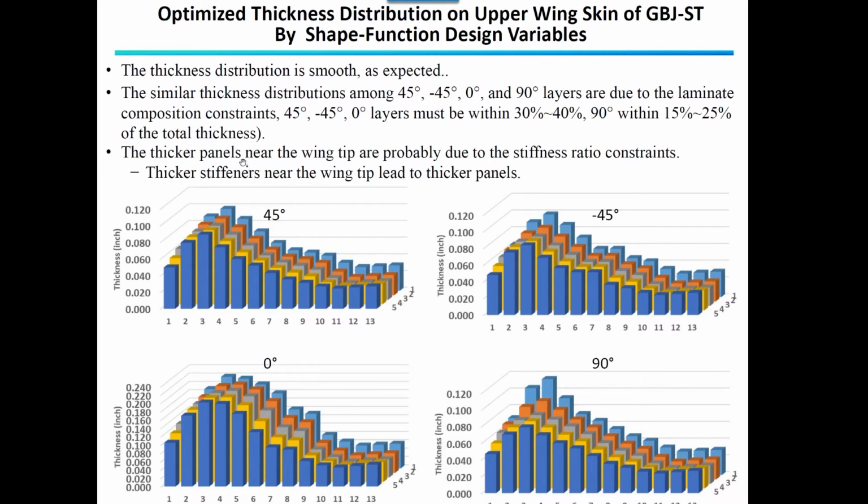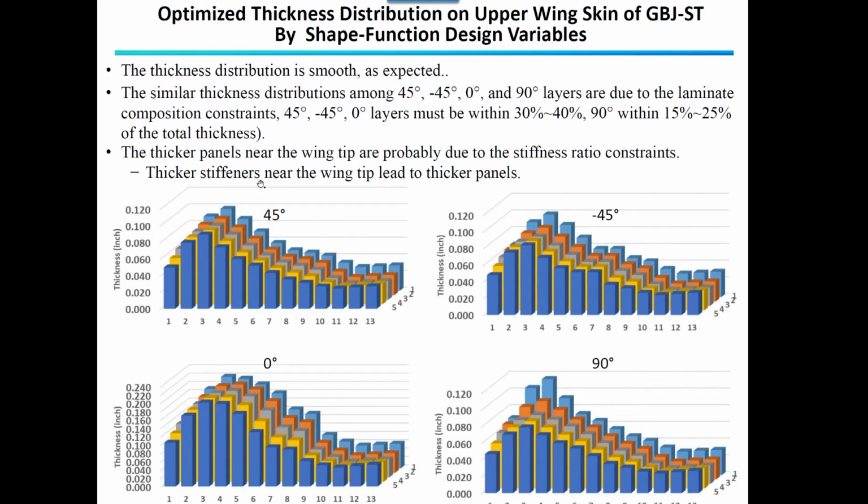The panel is thicker near the wing tip. You can see the thickness near the wing tip becomes thicker, probably due to the stiffness ratio constraint.